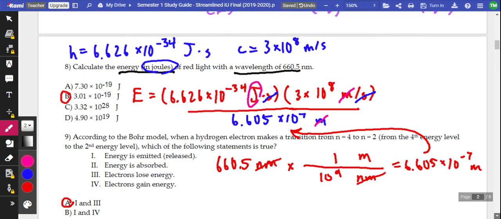The last thing we need to do is just crunch all these numbers together. When you're doing stuff like this, especially when you have scientific notation on the bottom, don't forget to use parentheses in your calculator.